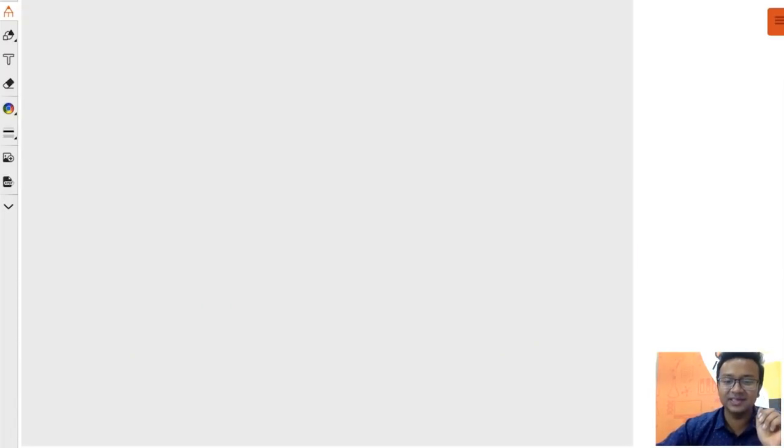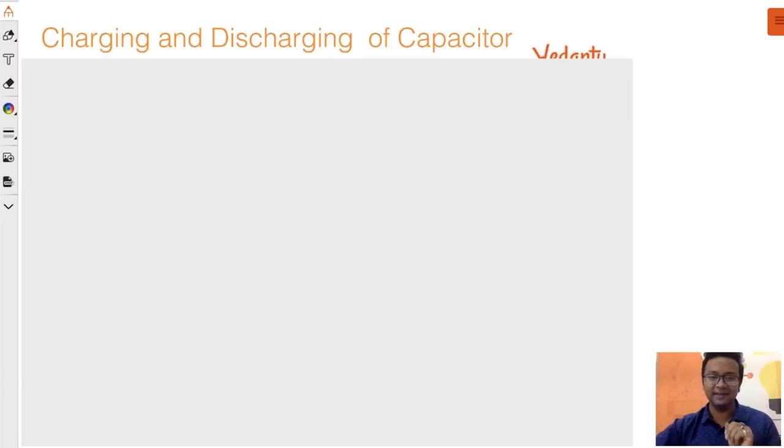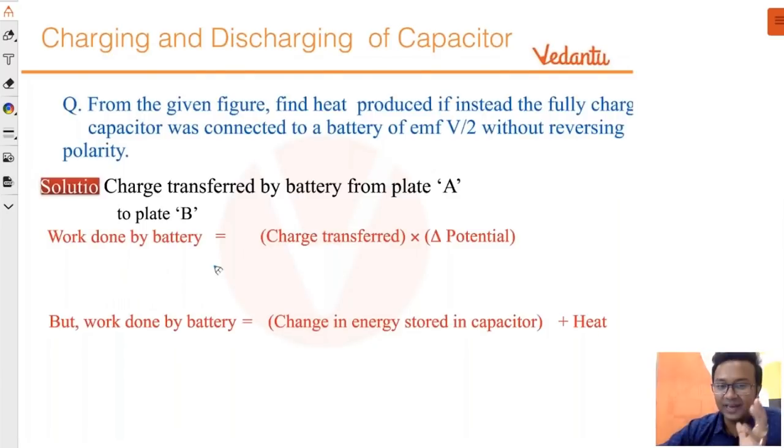Then, my dear students, as you would see, I've kept these places blank. What is going to be the work done by the battery? The difference in the charge is going to be how much? Nothing but CV by 2. The charge transferred by the capacitor to the battery is CV by 2.